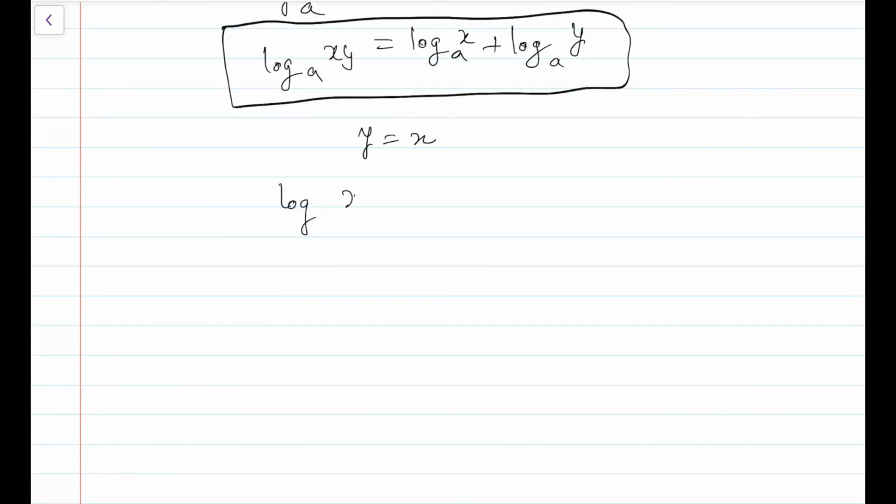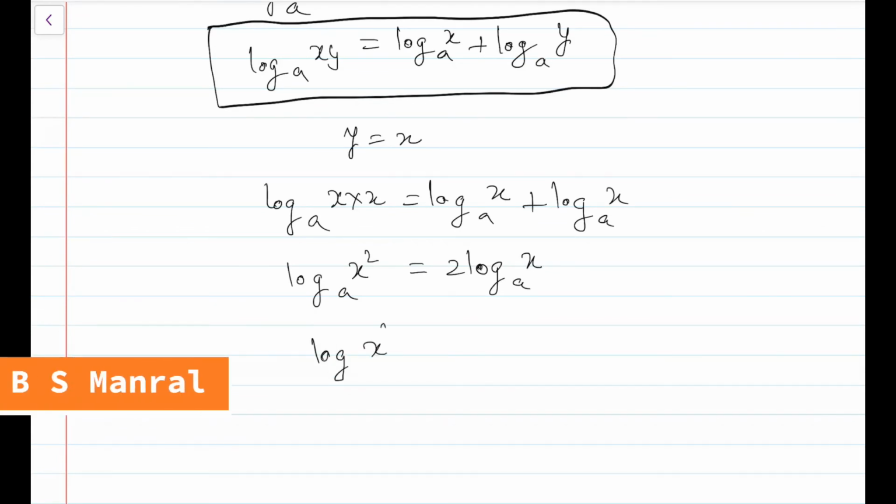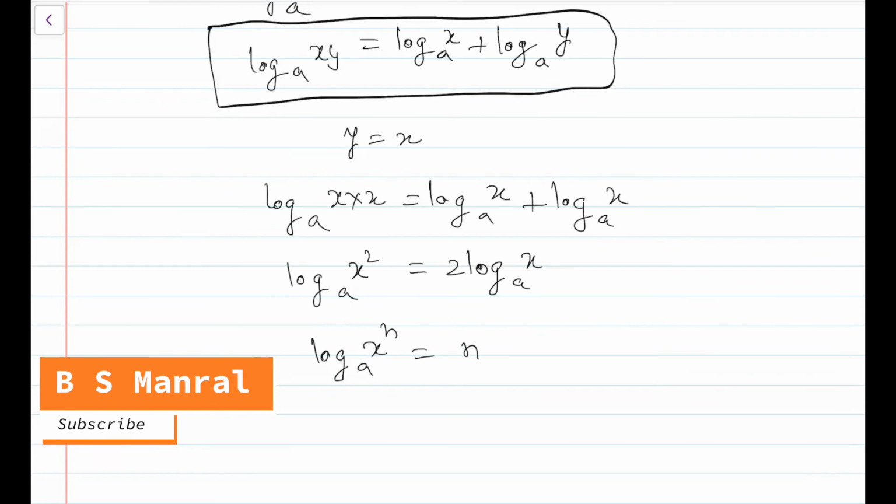So the above property will be log of x into x to the base a is equal to log of x to the base a plus log of x to the base a. On the right hand side it will become 2 times log of x to the base a, and on the left hand side it will become log of x square to the base a. We can generalize it. Log of x to the power n to the base a is equal to n log x to the base a.